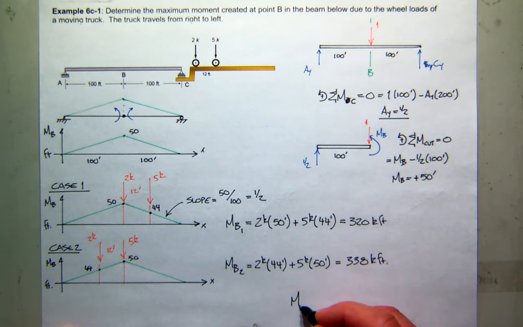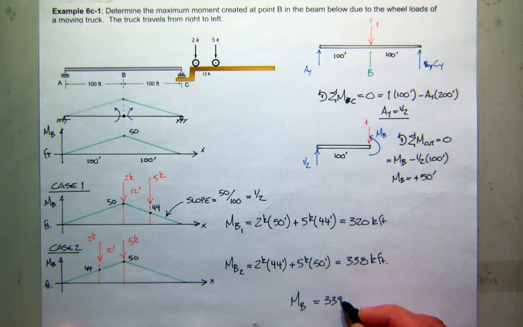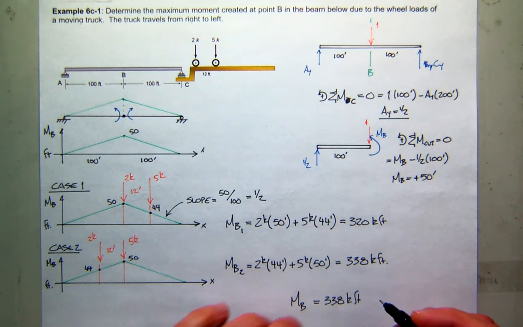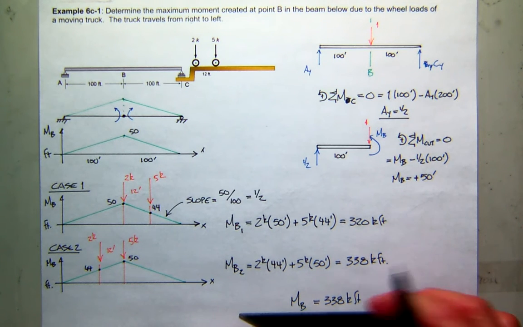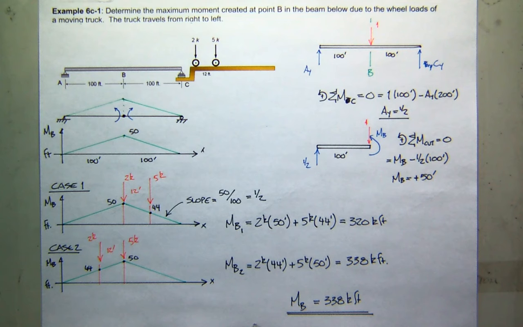So therefore, the moment at B will be the maximum of those two, or 338 kip feet. And that's when the back axle of the truck is right there. So that's a pretty easy one to get started. Any questions about that? Okay.